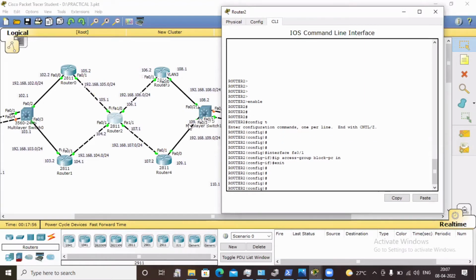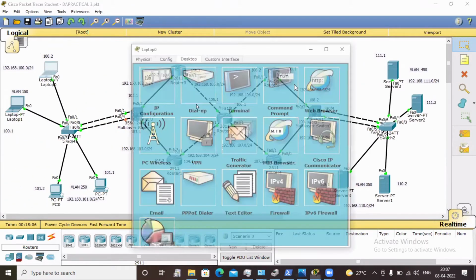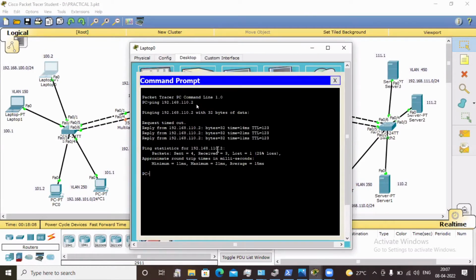Same on this interface. Now just ping from the client side. Just give the ping. Yes, sir.